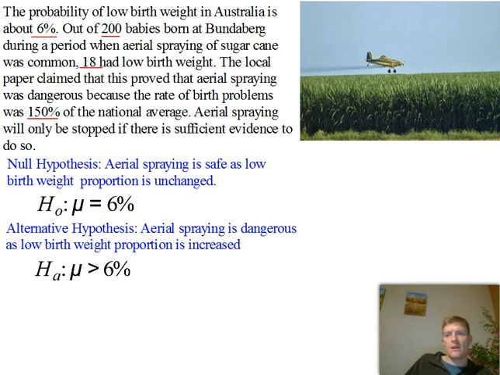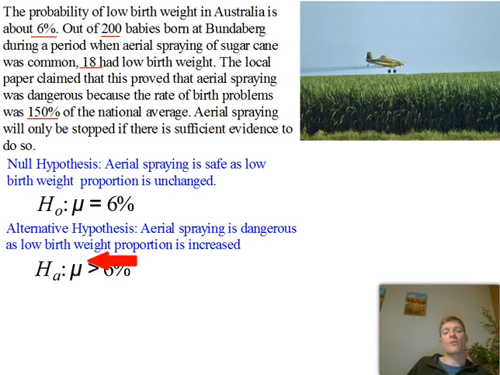Well, let's consider the two hypotheses. The null hypothesis is that the aerial spraying is safe, as the low birth weight proportion is unchanged. That's always the way we structure our null hypotheses, unchanged from what's stated. Whereas the alternative hypothesis is that the aerial spraying is dangerous, as the low birth weight proportion is increased.